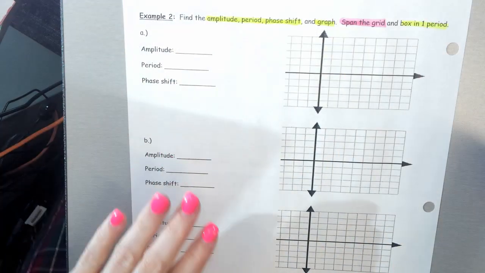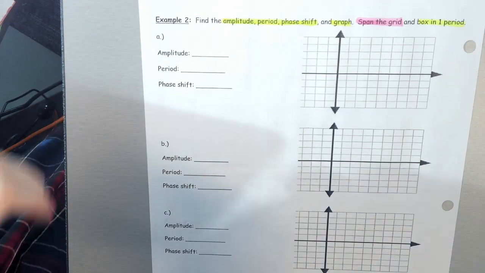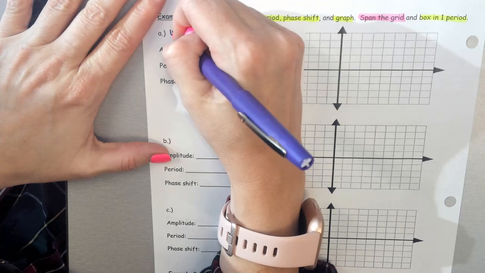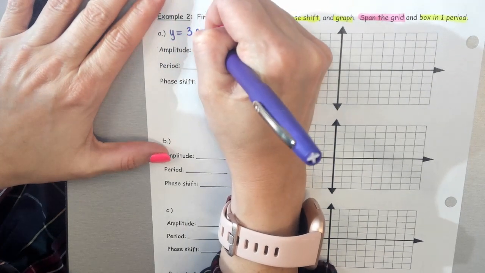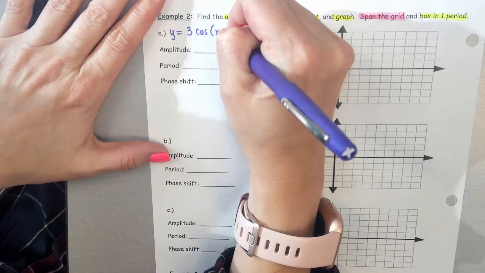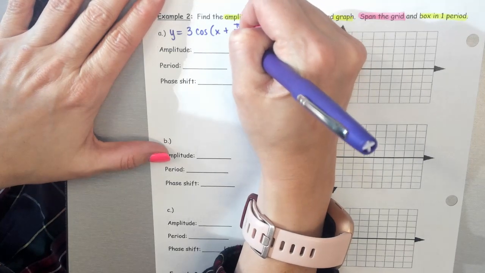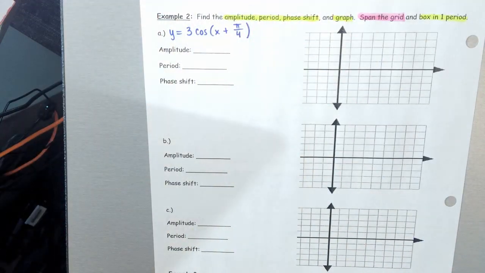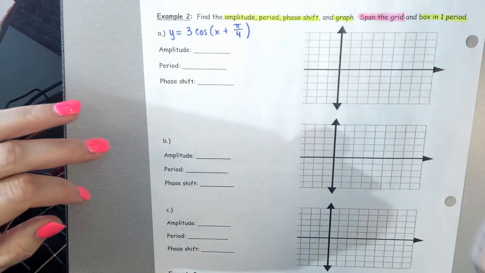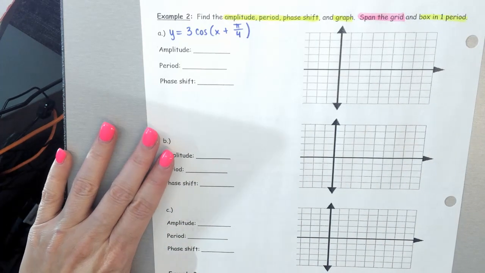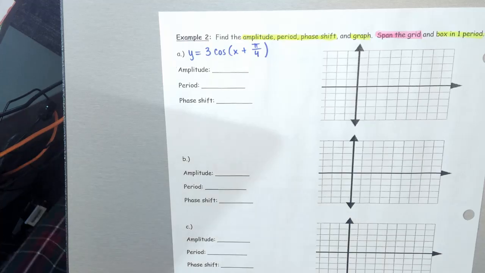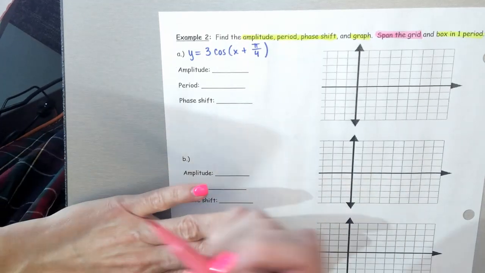Okay, for your practice. All right, so for A, we have y equals 3 cosine of x plus pi over 4. Okay, so the first few things I like to pick out from here are the amplitude and the k value.